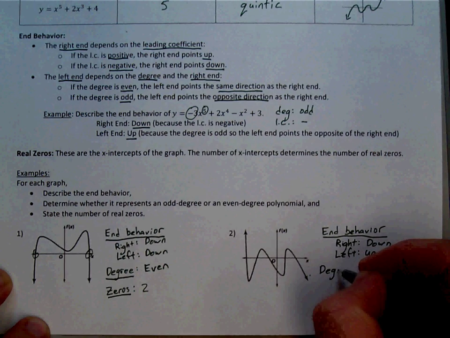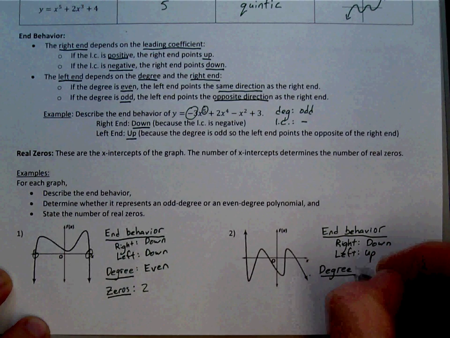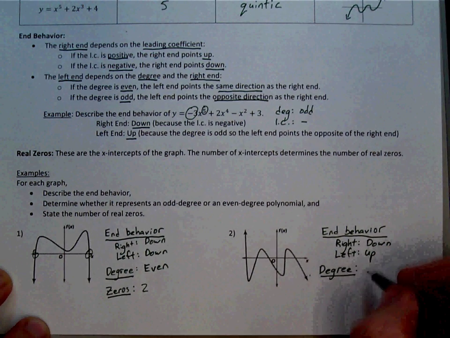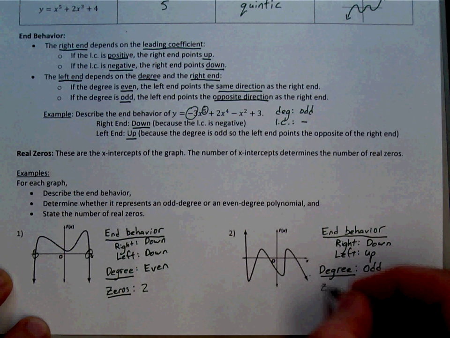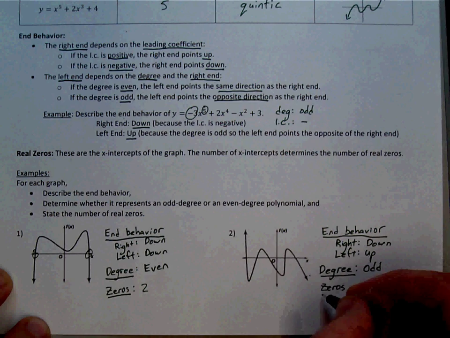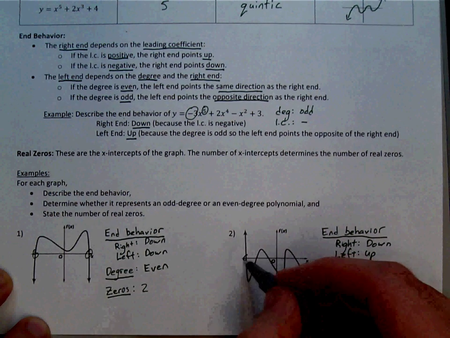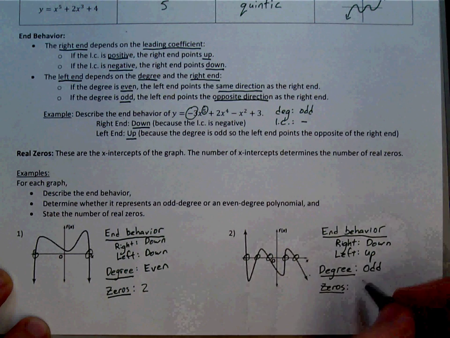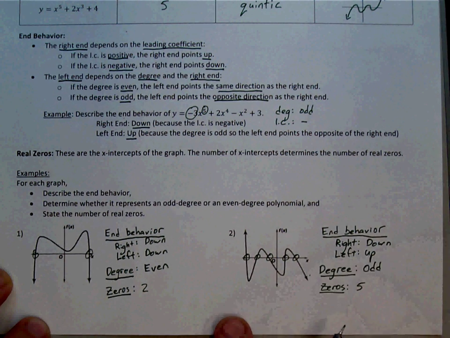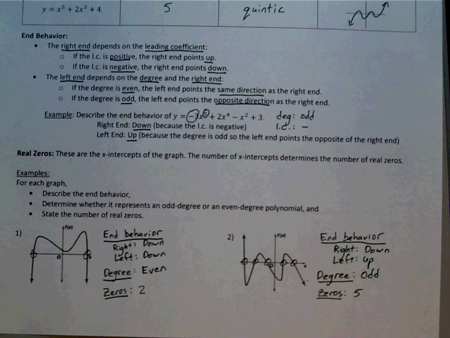So when we get to the degree, since they're pointing in different directions, one up, one down, that tells us that the degree is odd. As far as the real zeros, see how many times it touches the x-axis. 1, 2, 3, 4, 5. So 5 zeros.